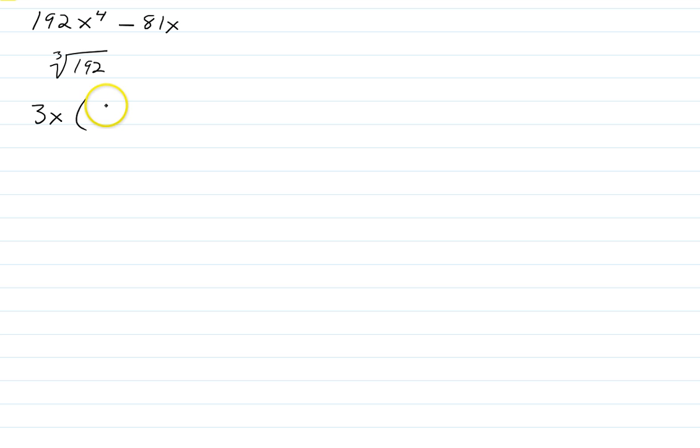And so that's going to give us 64x cubed minus 27. So now my formula, a cubed minus b cubed becomes (a minus b). The first signs are the same. Second signs are different.